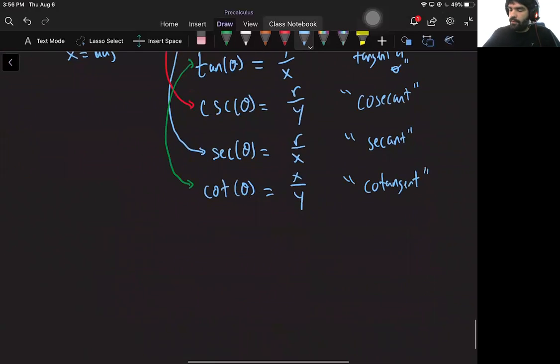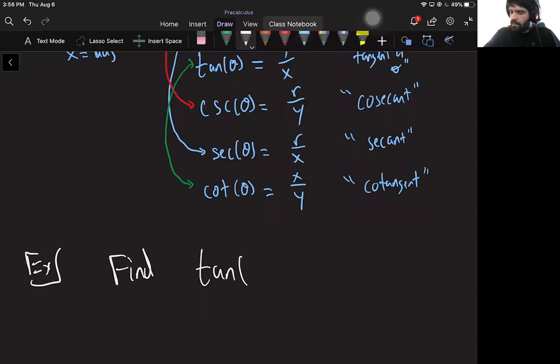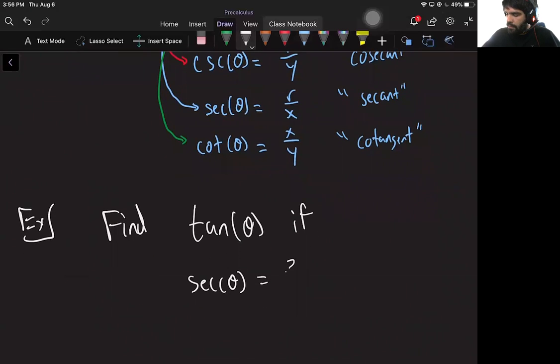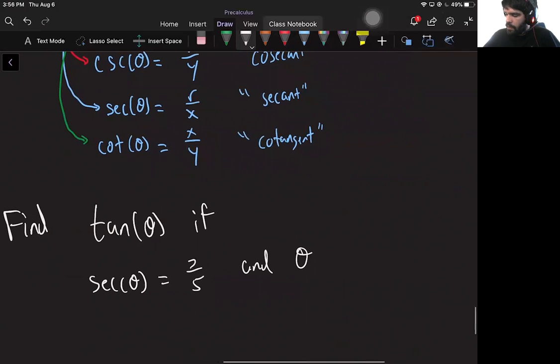So for example, we could do the same types of problems we did before. Say like this time find tangent of theta if you know secant of theta is something, I don't know, like 7 over 5, and theta is in quadrant 1 or something like that.